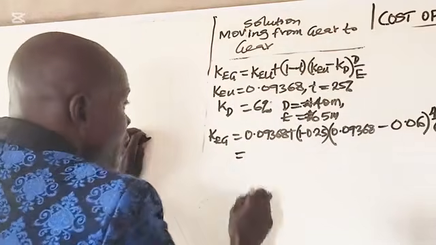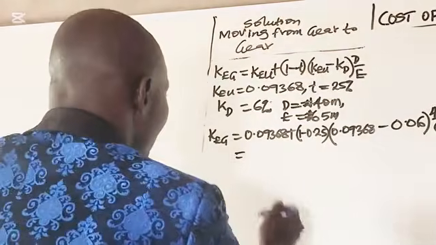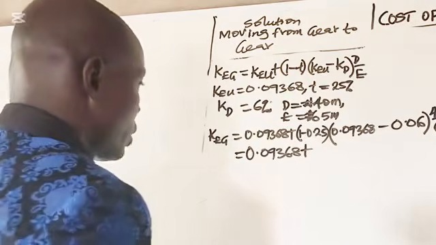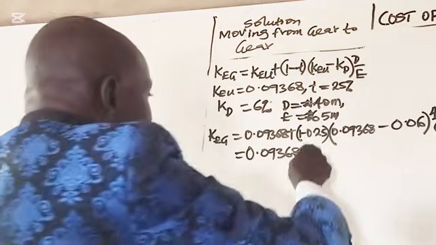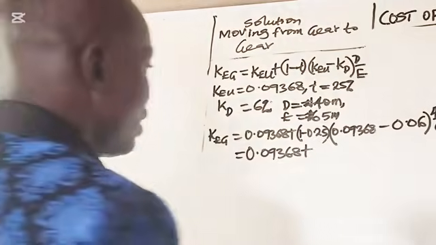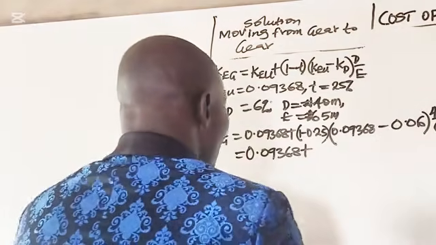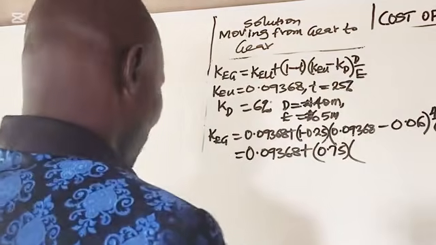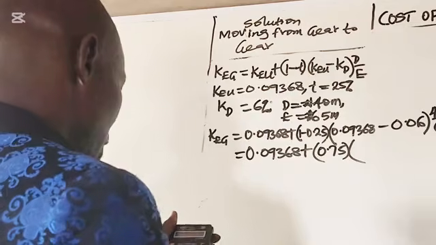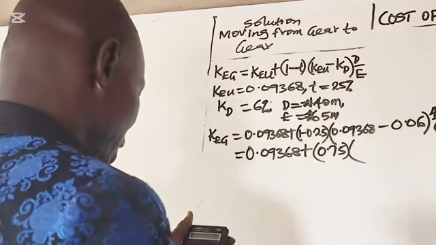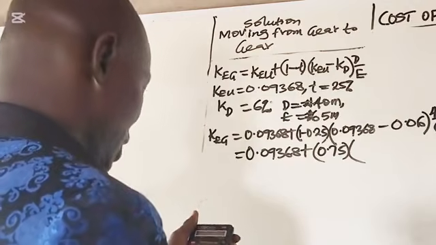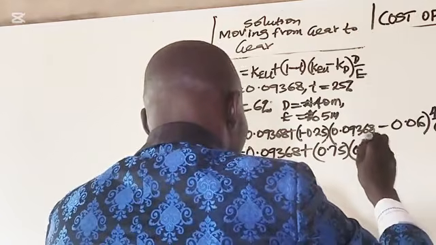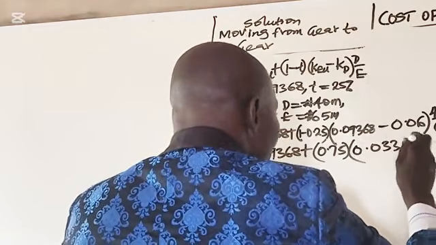So now let's evaluate this. 0.09368 plus, if you subtract this, you have 0.75. This is 0.75 multiplied by, if you subtract this again, 0.09368 minus 0.06. Then this one gives us 0.03368.